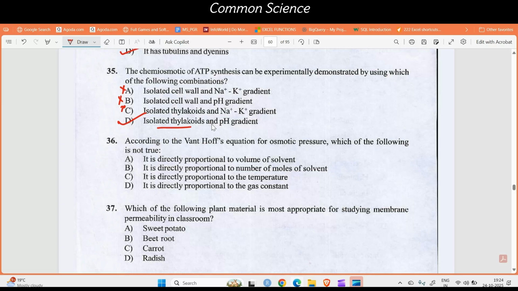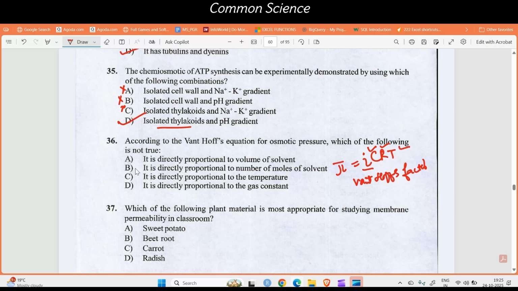Okay. According to Van't Hoff's equation for osmotic pressure, which of the following is not true? Van't Hoff's equation for osmotic pressure is pi equals iCRT, where i is Van't Hoff's factor or Van't Hoff's constant, C is the concentration of the solute, R is the universal gas constant, and T is temperature.